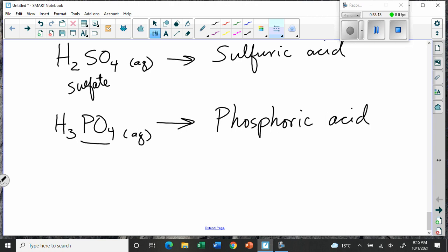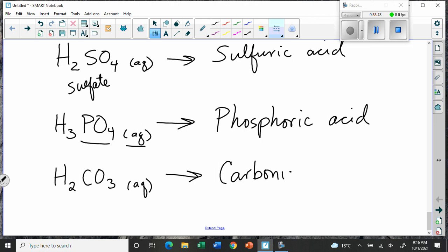Put it in water, and it will lose the H's, they will make hydroniums, and it will be called phosphoric acid. Another common one is H2CO3. Anybody want to guess what that one's called? Carbonate becomes carbonic. Carbonate becomes carbonic acid.